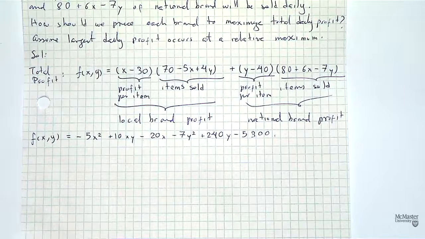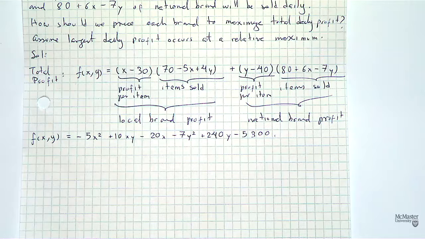I won't do that. But at this point, having written the function for the total profit, meaning local plus national profit, I can apply all the math that I learned. So under the assumption that the maximum occurs at a relative point that I can find with my criteria, the procedure is the same.